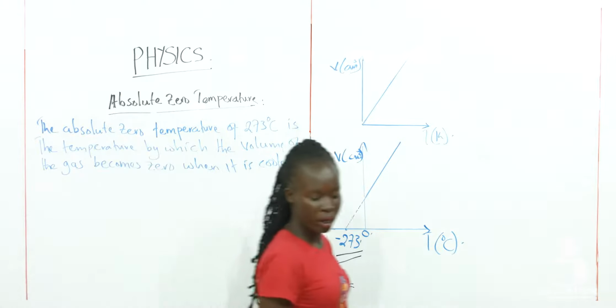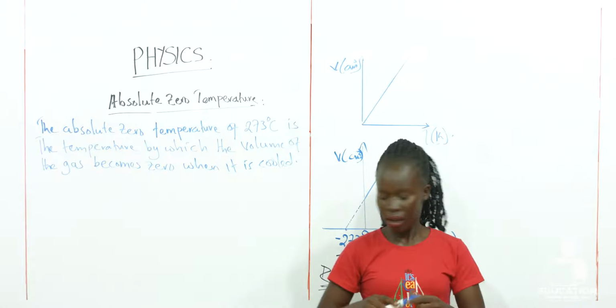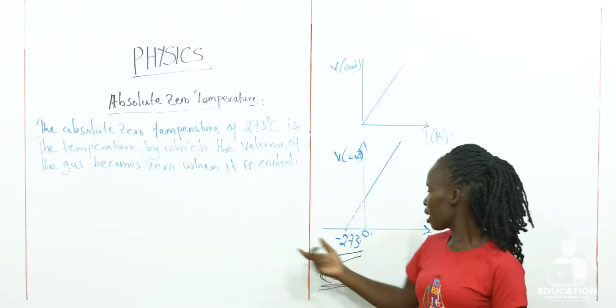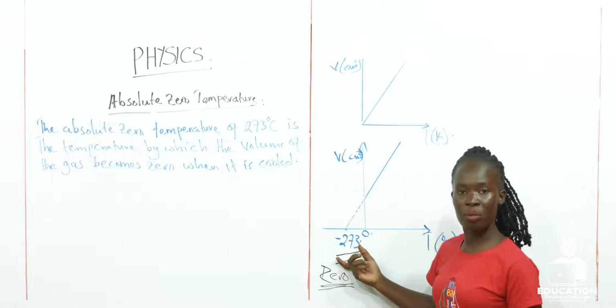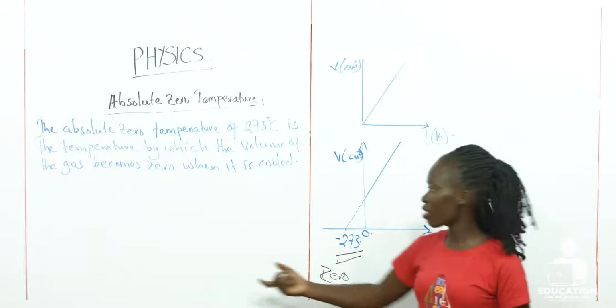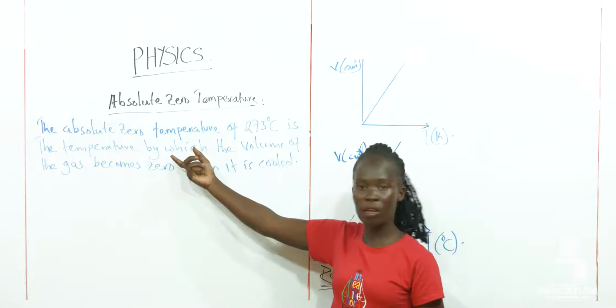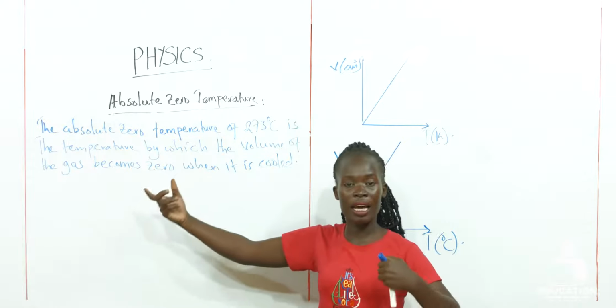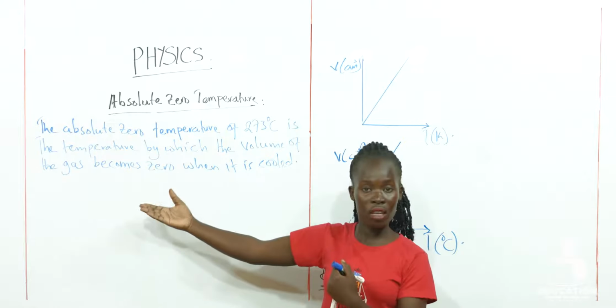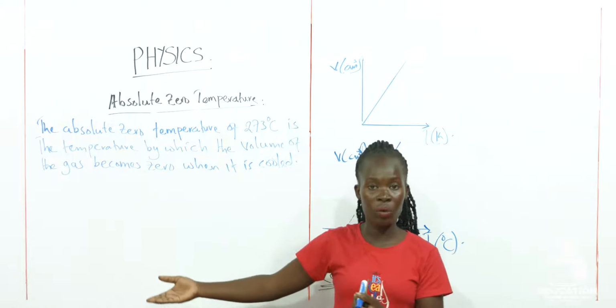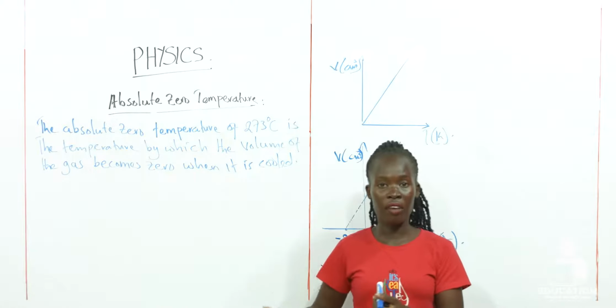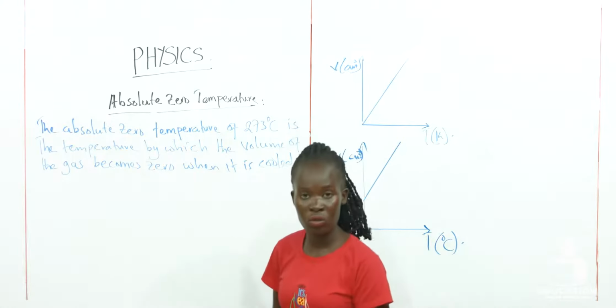So whenever you're cooling your gas, it attains this kind of temperature when the gas is attaining a zero volume. I am saying that the gas cannot go totally to zero because it will first liquefy, and when it is liquefied, it will then turn into solid.